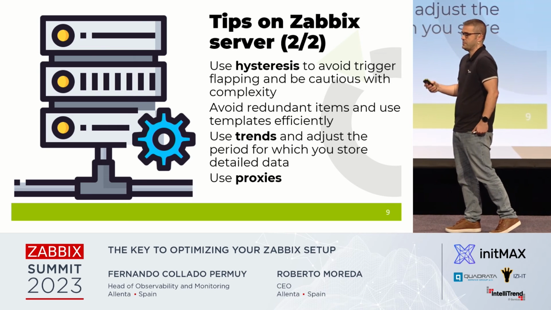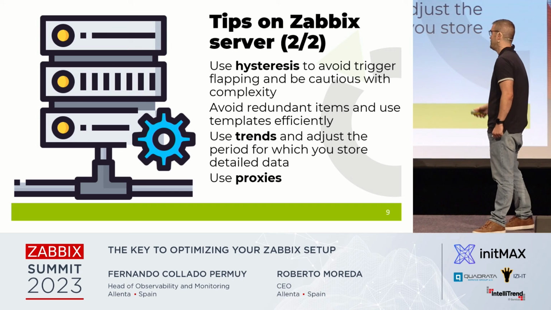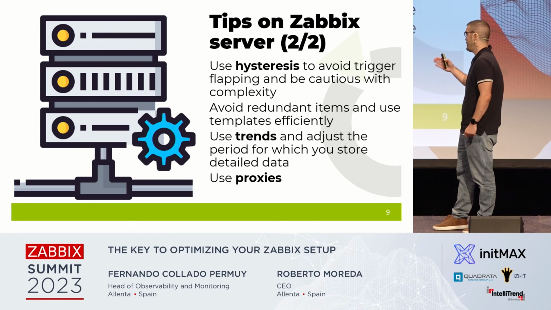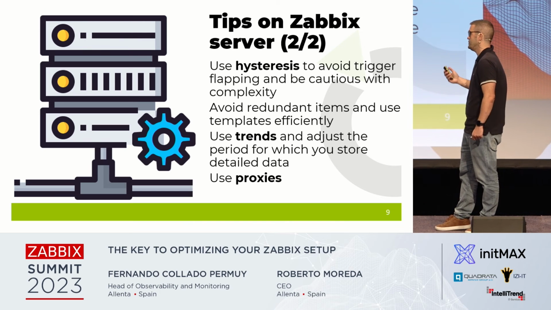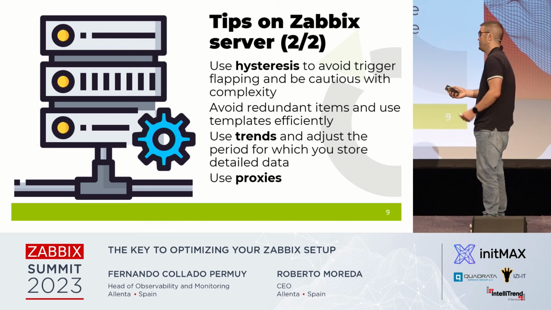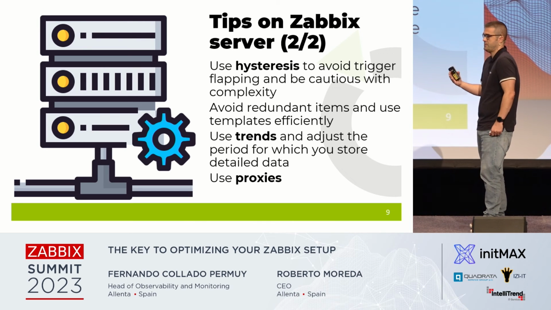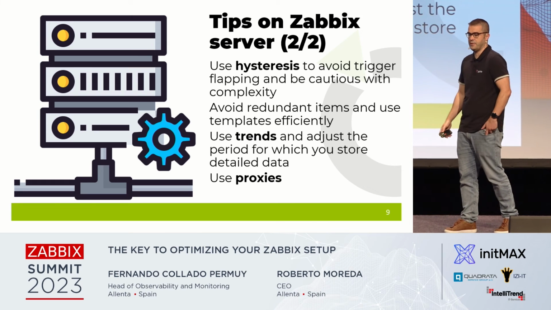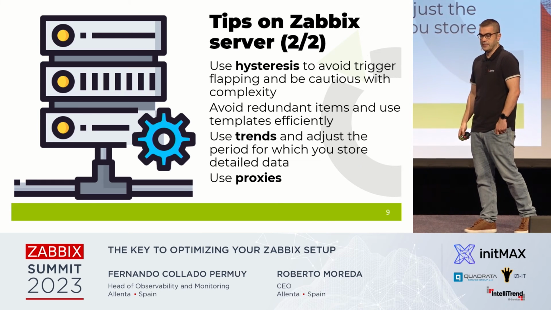Because in the future, if you have to grow your installation, you have to increase the number of proxies. If you are already using one, it's easier than planning this upgrade after the fact.